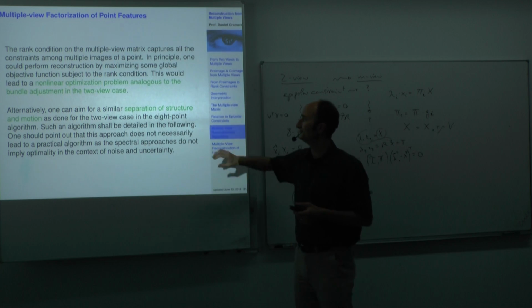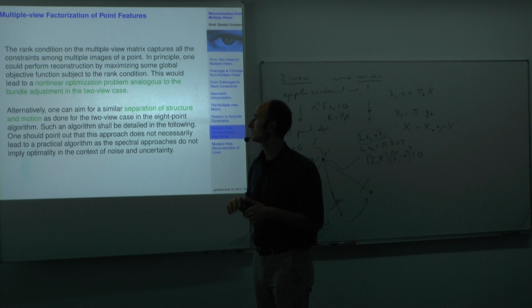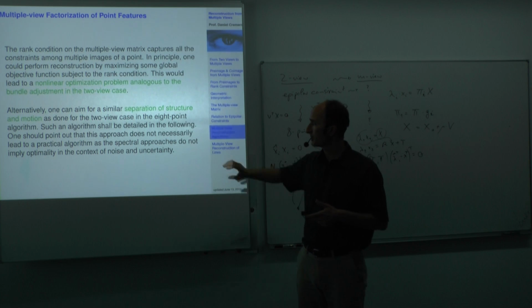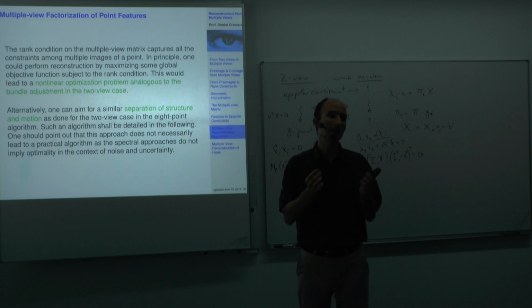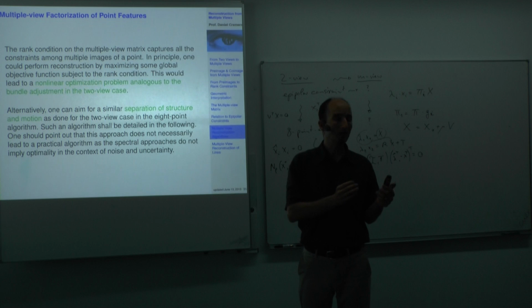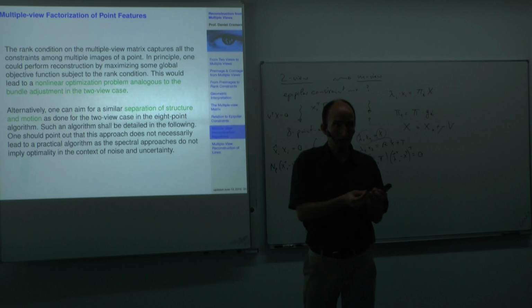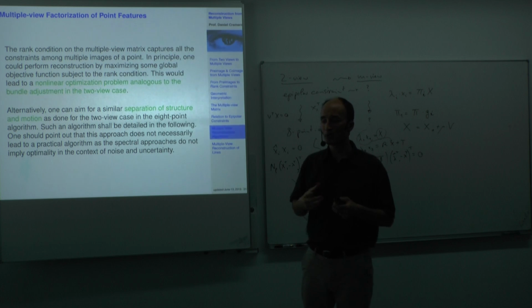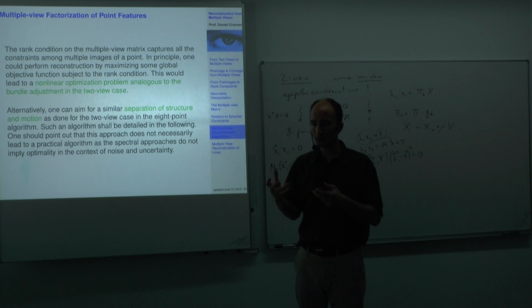One should say that this approach doesn't necessarily lead to a practical algorithm. I mentioned that before. This is a difficulty in the whole reconstruction domain: you can do nonlinear optimization, but it's hard to compute solutions because you have a non-convex energy. On the other hand, you can do structure and motion decoupling.